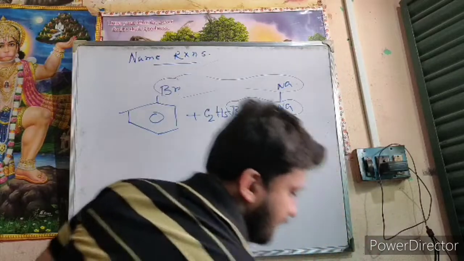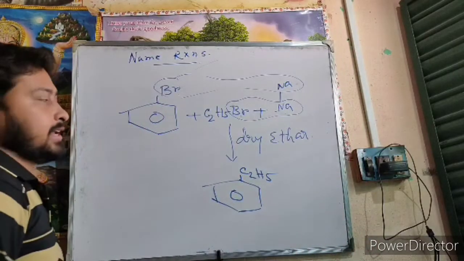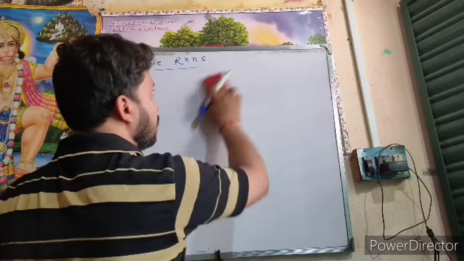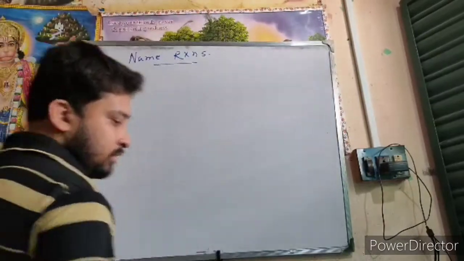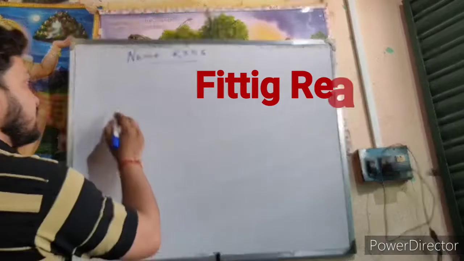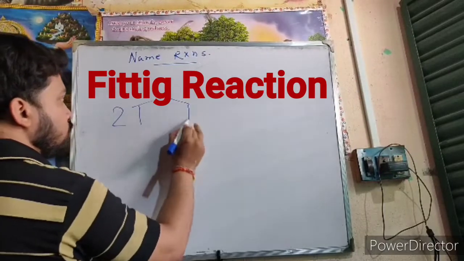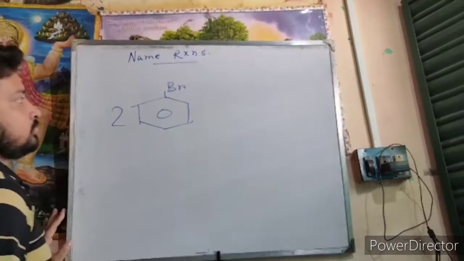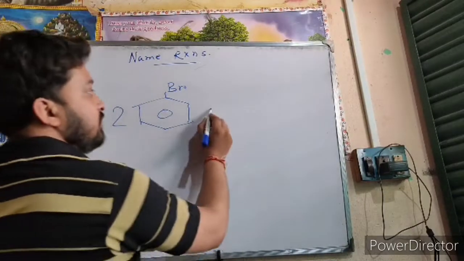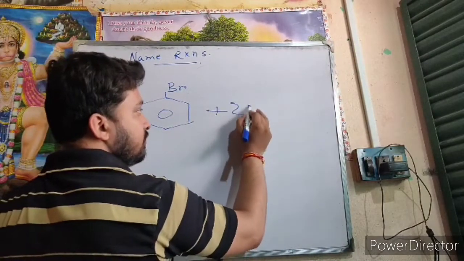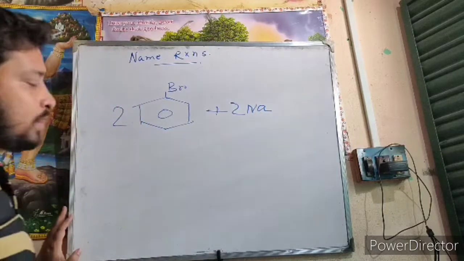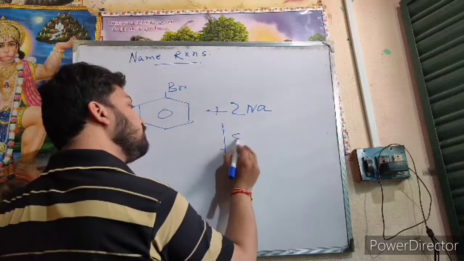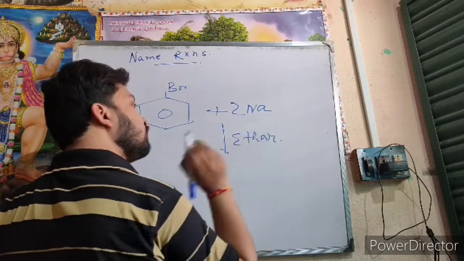So the next reaction is the Fittig reaction. In the Fittig reaction, you just take the bromoarene and you can also write 2Na in the presence of dry ether.